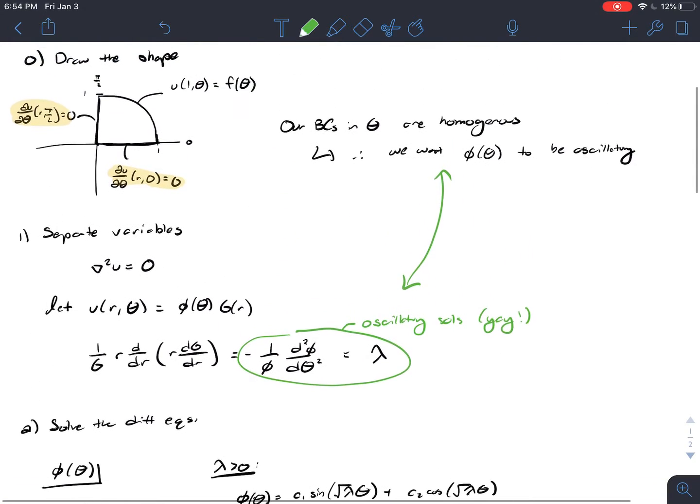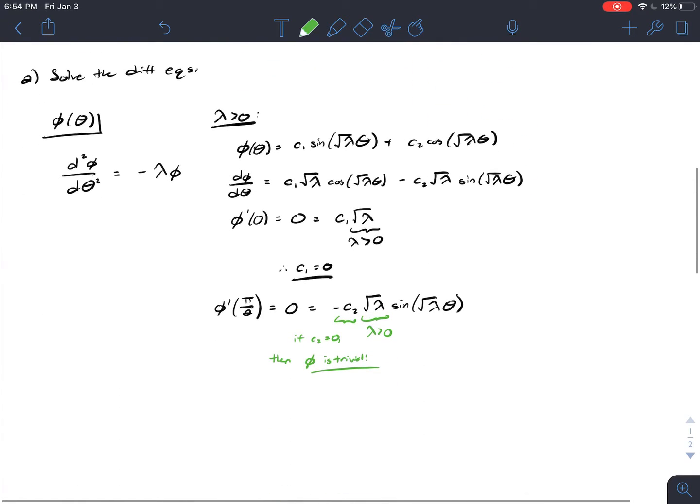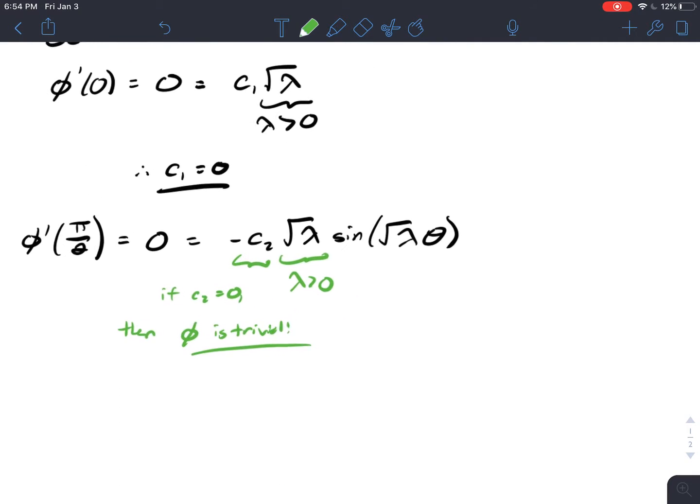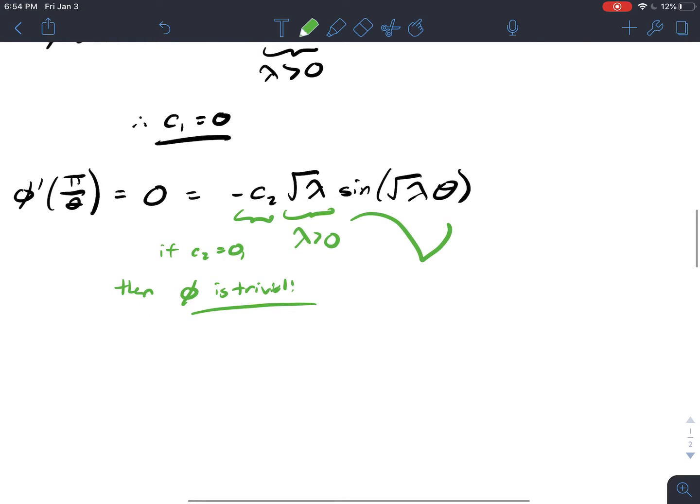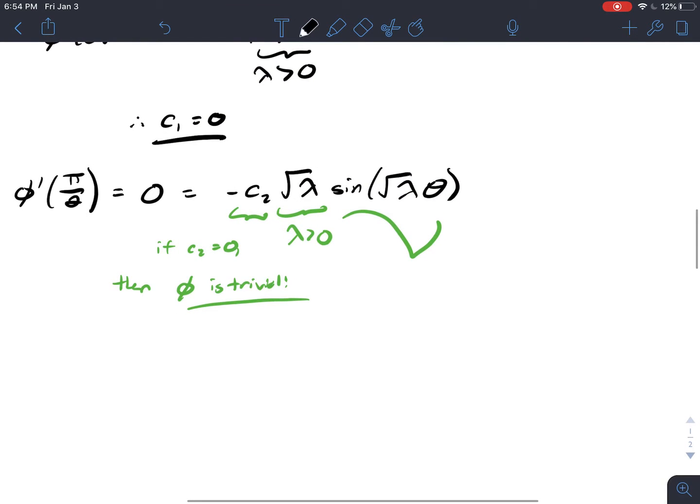Phi would just be 0 everywhere, which doesn't tell us anything. So we're going to look for zeros in other areas, such as in the sine. We want this function to be 0 once in a while, but not all the time. So when is this going to be equal to 0?